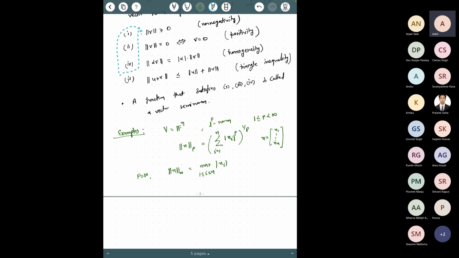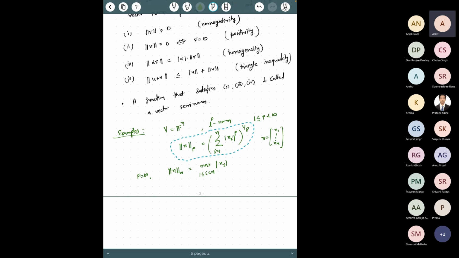If you quickly check this, you will realize that these three properties are immediate. And similarly for this also. In fact, the fourth property, the triangle inequality, for this max function for infinity is also very easy to verify. The triangle inequality is also not difficult to verify when p equals 1.